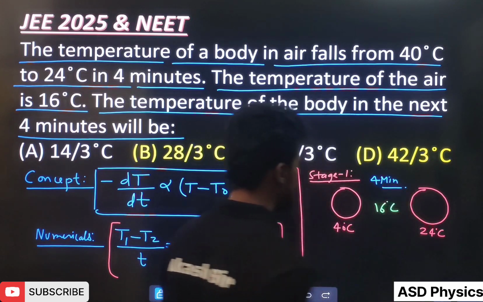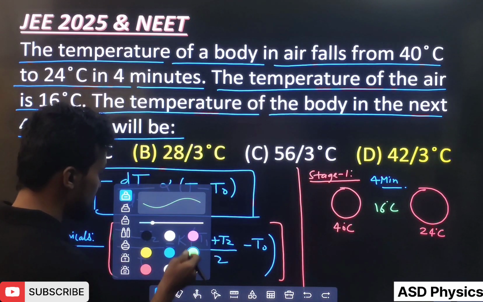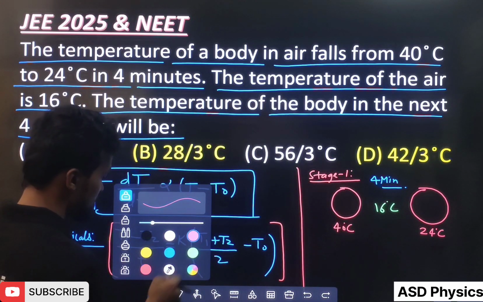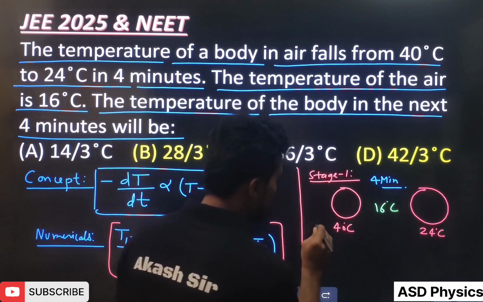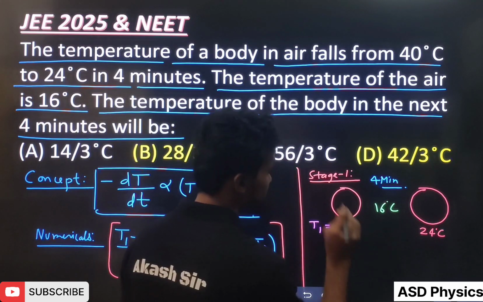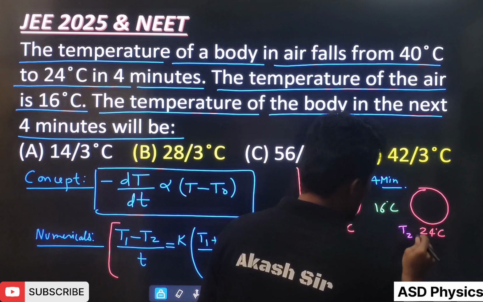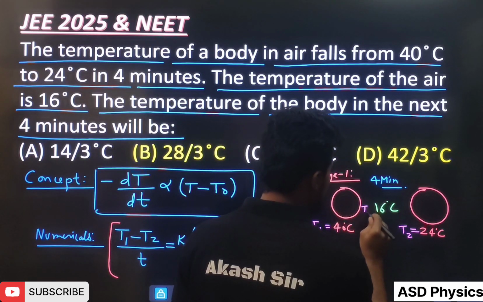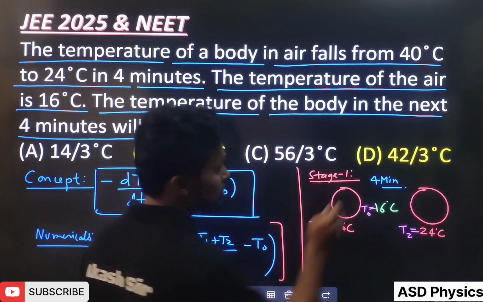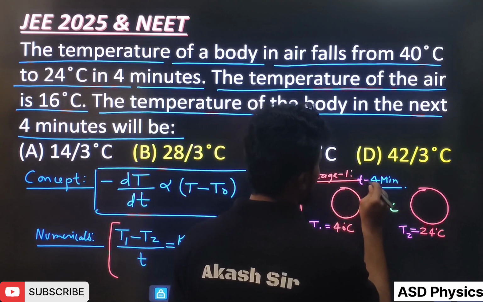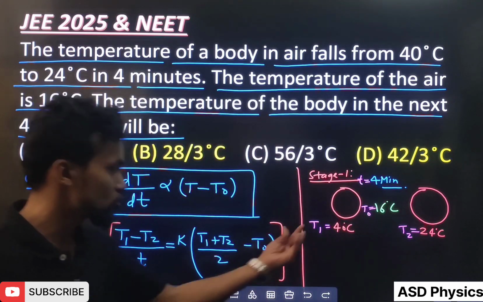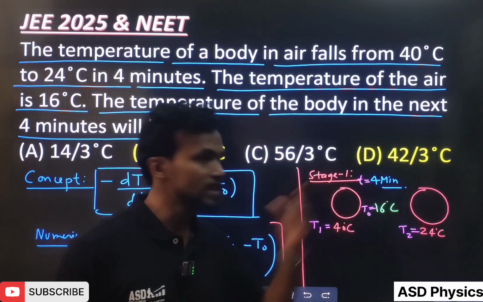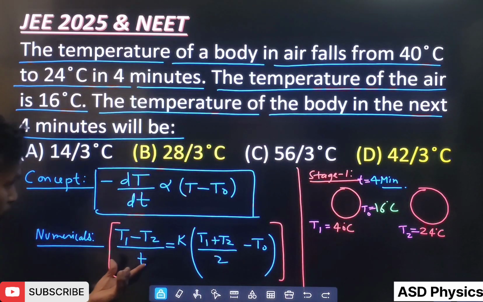So remember that in this situation, 40 degrees Celsius will be T1, 24 degrees Celsius will be T2, 16 degrees Celsius will be T0, and this 4 minutes will be small t. So T1, T2, T0 and t. Now all these things we are going to use in the formula.